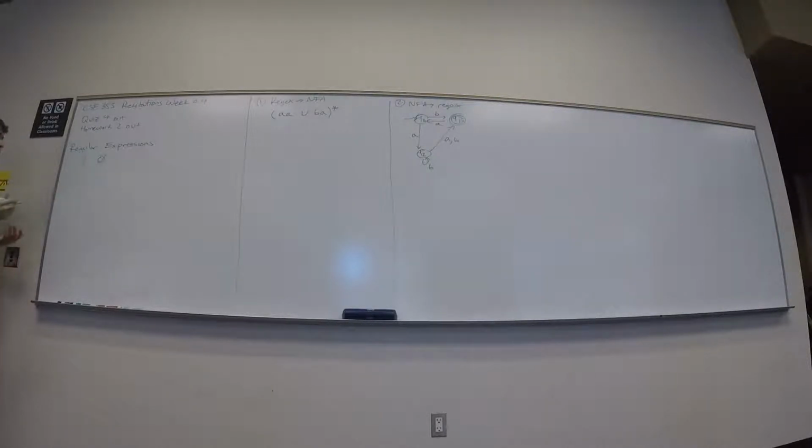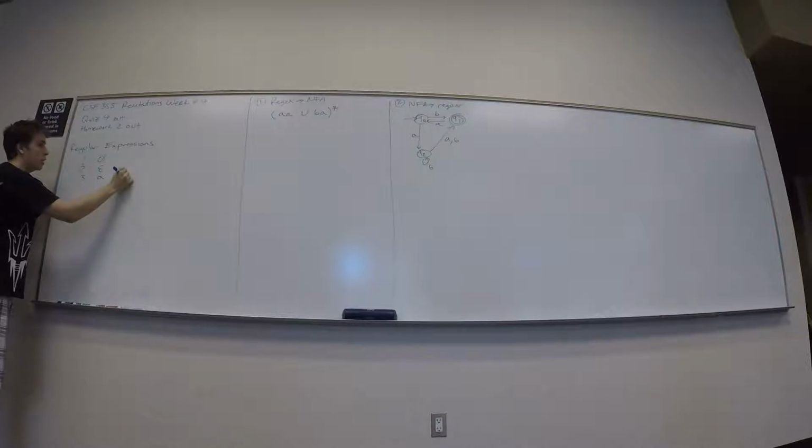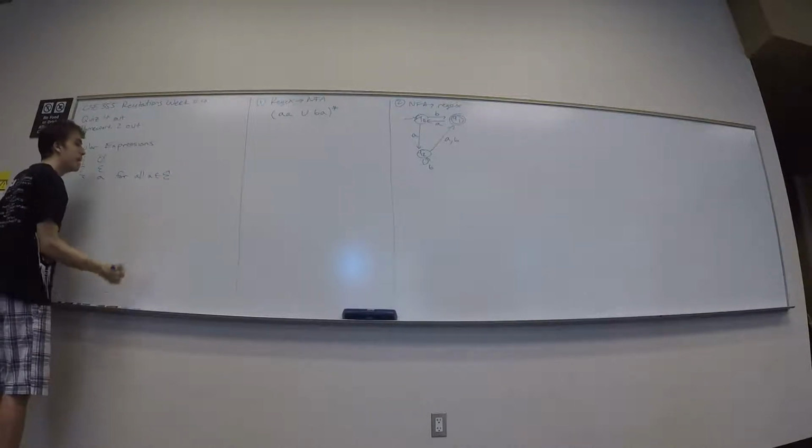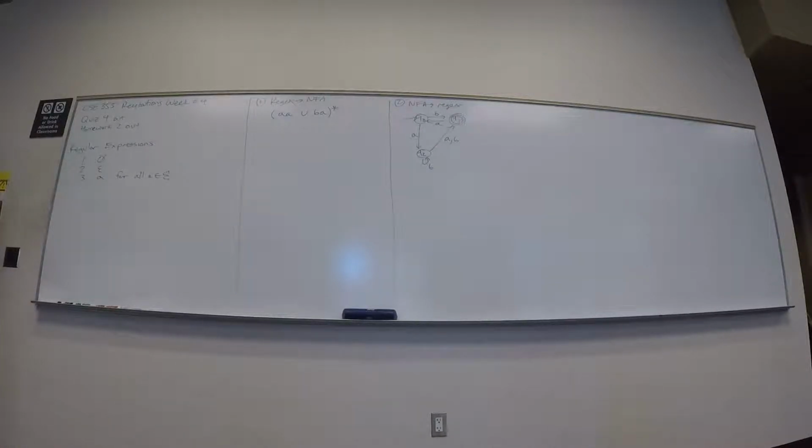What about other ones? Are there others? Empty string, yeah. And a single character, for all characters in the alphabet that we're considering. Okay, so those seem like basic building blocks, but how do I build larger ones from smaller ones?